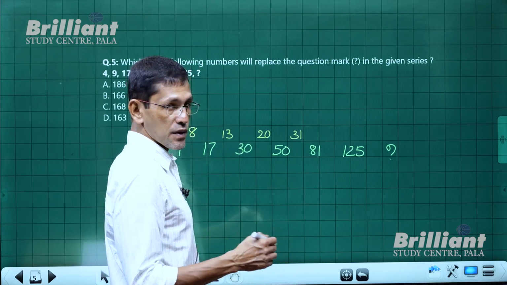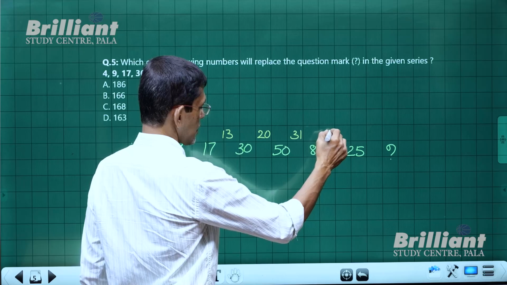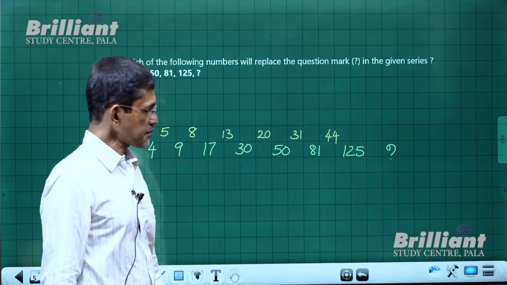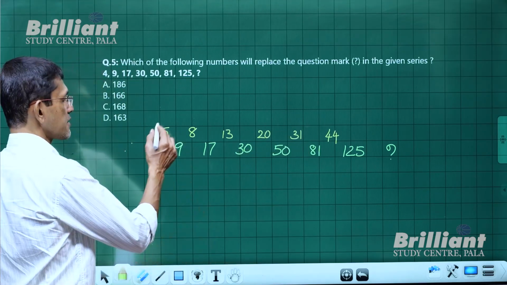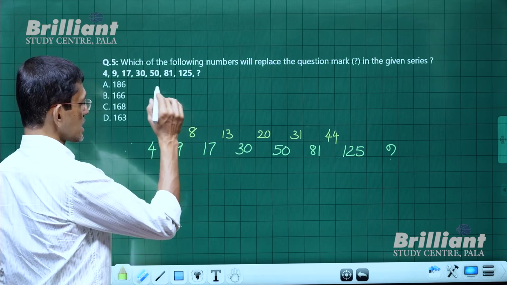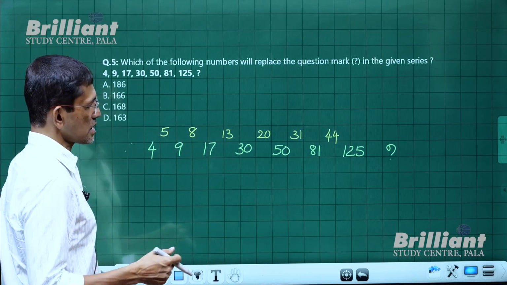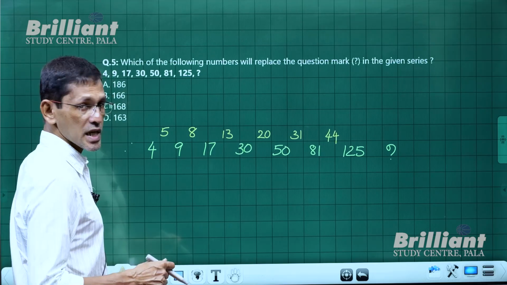And 81 and 125, the difference is 44, right? What is the next number in the series? So here 5, 5 plus 3 is 8, and 8 plus 5 is 13, 13 plus 7 is 20, 20 plus 11 is 31, etc. That's the way it goes. Do we get an answer from that?